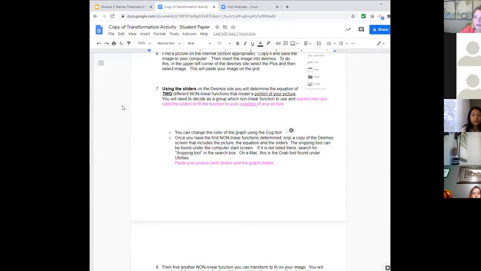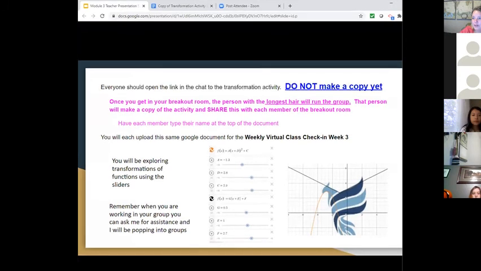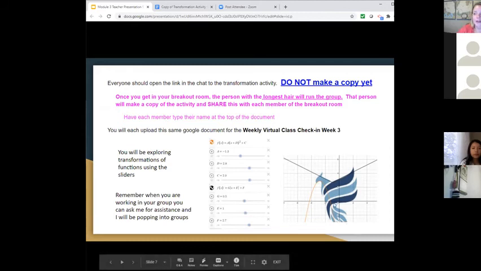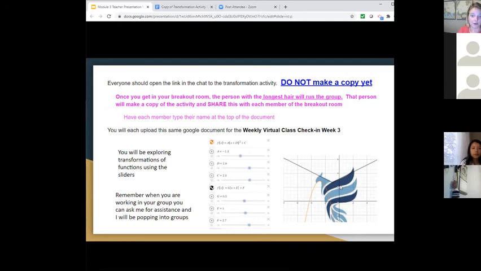An example would be this one, with the phoenix from elevation. Part of this picture became an absolute value function that covers a part of that picture, whereas this is a quadratic that is just doing the beak portion of it. So you're taking a picture, uploading it, and then taking a part of it and seeing if you can transform a function enough to get it to fit over that part of the picture. Does that make sense? Okay, yeah.